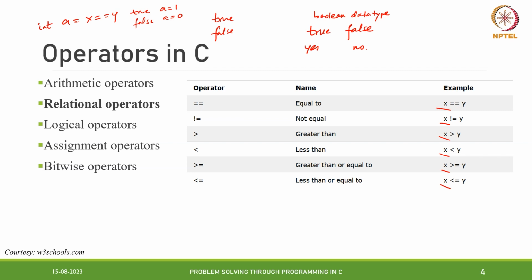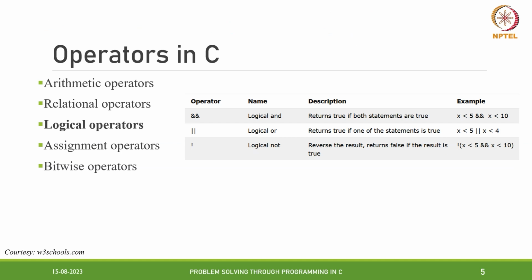Maybe I'll discuss that after covering logical operators. If this is clear, then we'll go and look at the logical operators. If we have multiple statements, where we want to compare some values using relational operators, we use something called the logical operators, which can connect these conditional statements.